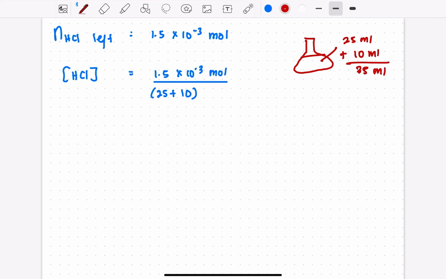Okay, so to calculate the new concentration of the hydrochloric acid, we need to add like this. Okay, so this one I will divide with 1000 because I want to get it in liter. So you can pause, you can calculate first. In the end, you're going to get 0.043 molar. Okay.